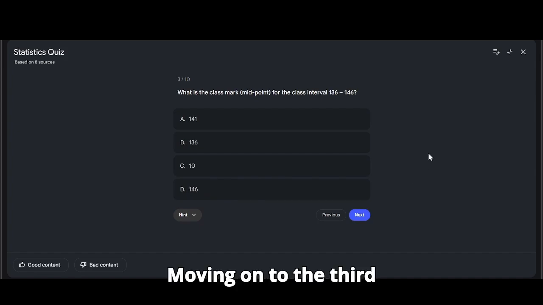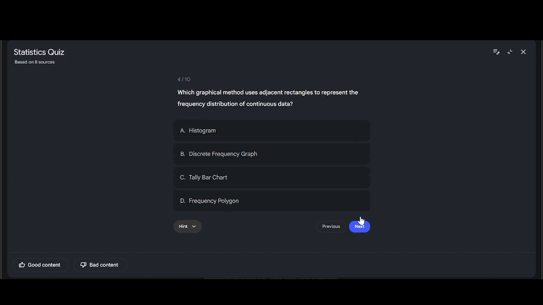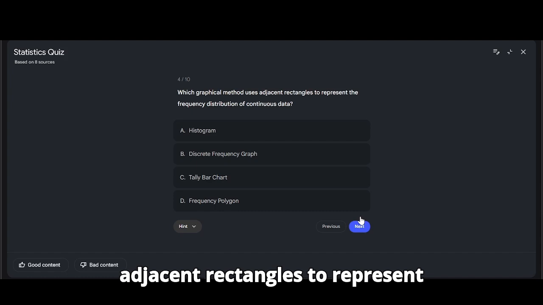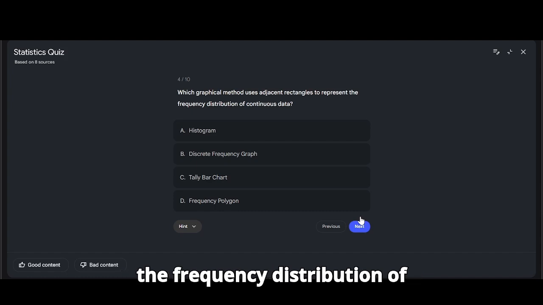Moving on to the third MCQ, what is the class mark or the midpoint for the class interval 136 to 146? Is it 141 or 136, or 10 or 146? Which graphical method uses adjacent rectangles to represent the frequency distribution of continuous data?